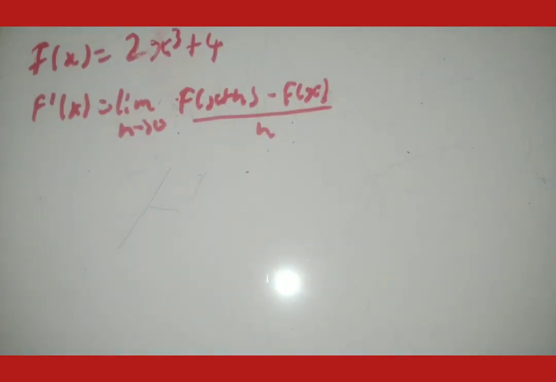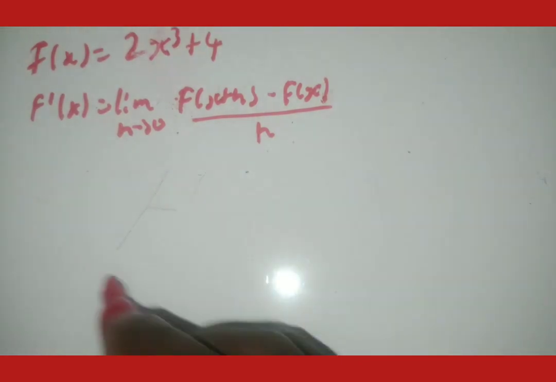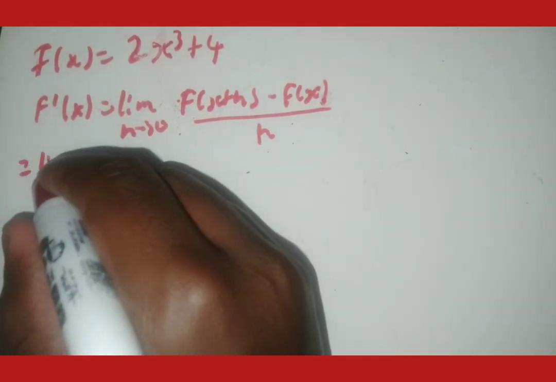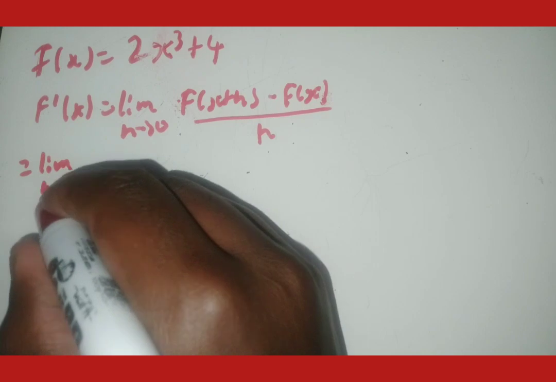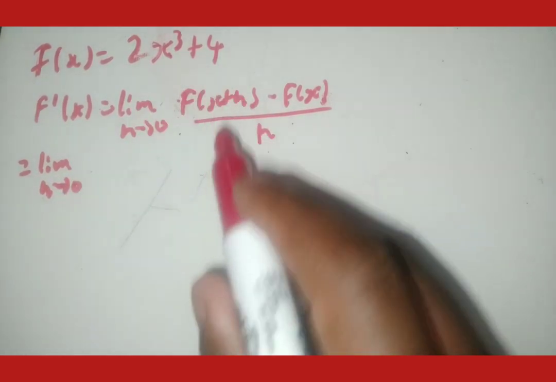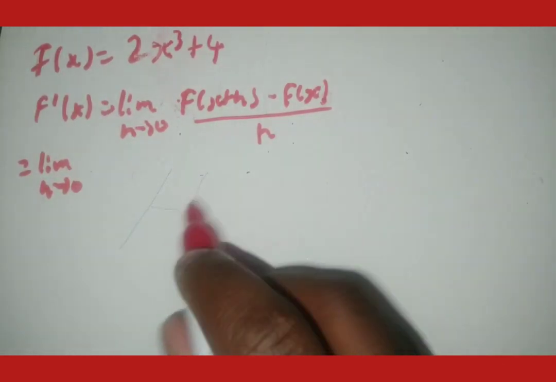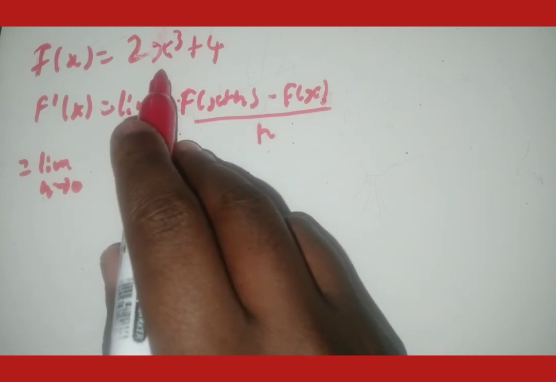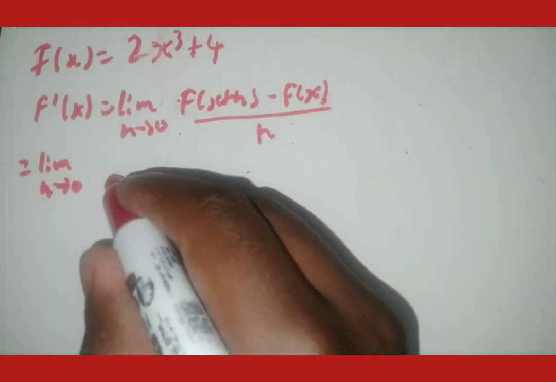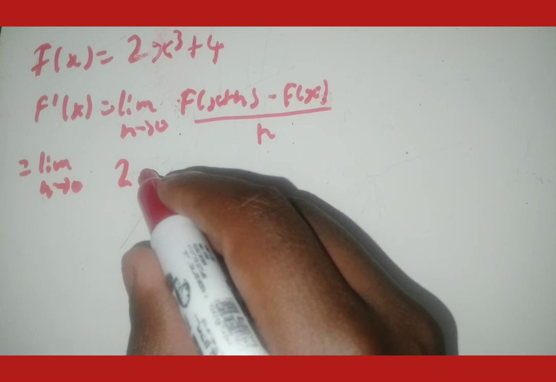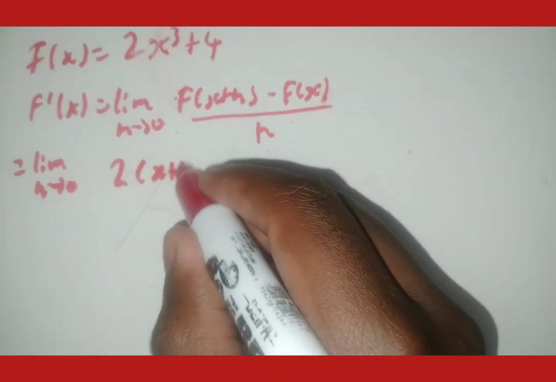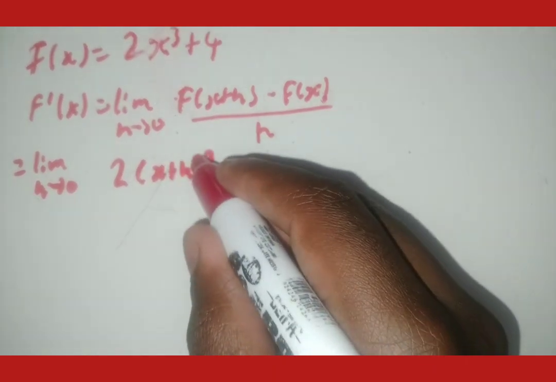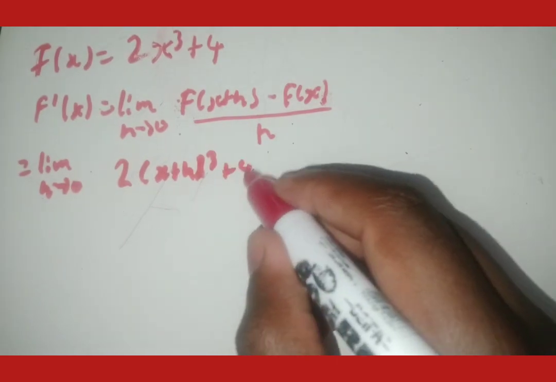So then let's substitute. So we know that it's going to be limit as h tends towards 0. Then instead of writing x, I'm gonna replace x with x plus h. So I write exactly the same thing, but instead of writing x, I write x plus h all cubed, and then I'll say plus 4, then minus.